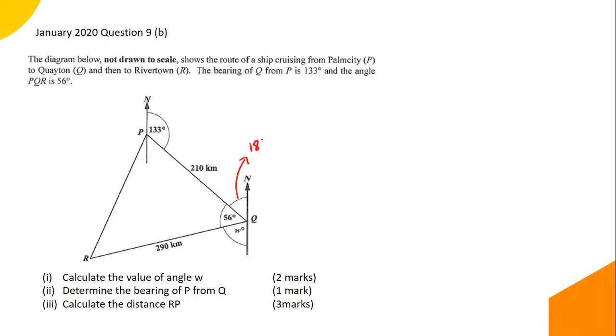So therefore, 180 degrees subtract the 133 will give us this missing angle, which is 47 degrees. So to find W, W will be 180 degrees, and we are now going to subtract the 47 and the 56. So that will give us W as 77 degrees.